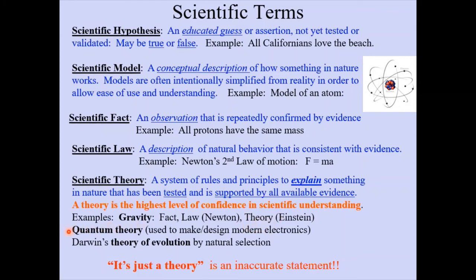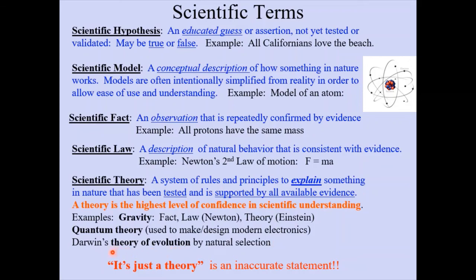There is something called quantum theory, which is used to make and design all of the modern electronics that we take advantage of today in our smartphones, in our televisions, and in our computers. It's based on quantum theory. Darwin's theory of evolution by natural selection is considered to be one of the greatest explanations and scientific theories that exist.